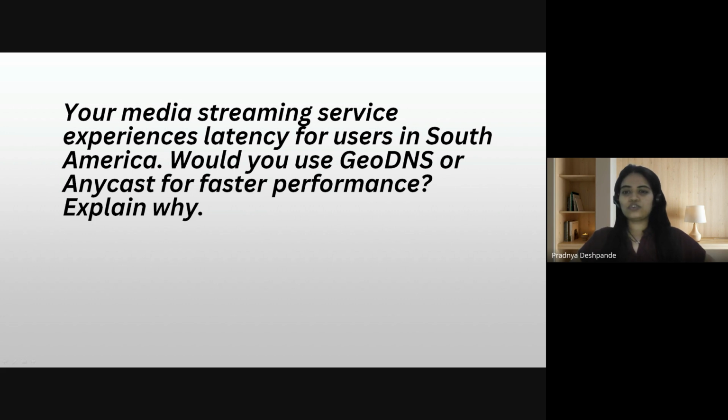Let's suppose in South America, as mentioned in the scenario, one of the points of presence is down or taking time. Then within South America itself, the user request will be sent to another nearest edge server, and the fast failover happens, which will not impact the users. So that's one point.